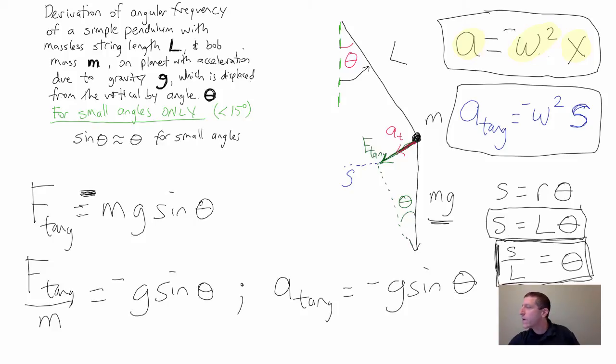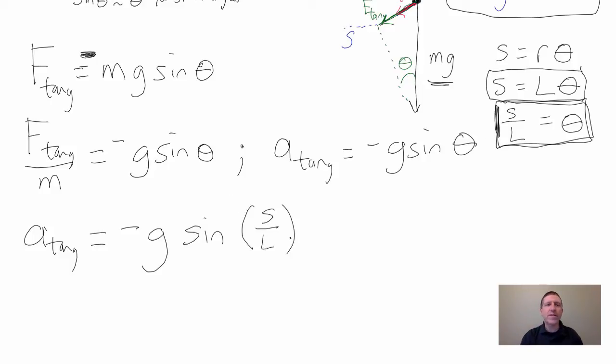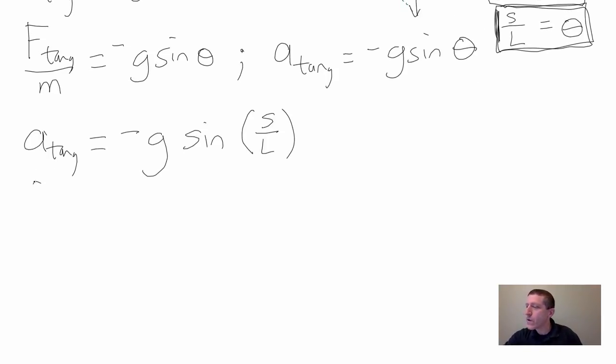So I'm going to go ahead and rewrite a tangential equals negative g times sine of, instead of theta, I'll put s over L. Now we're only one step away because for small angles, sine of theta is approximately equal to theta.